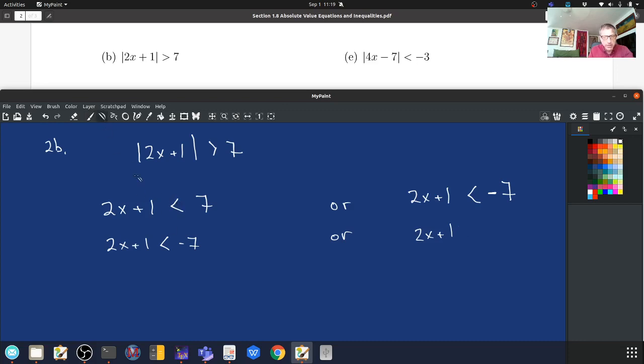I said one thing and wrote the wrong inequality. I'm glad I reviewed that. There we go. Or 2x plus 1 is greater than 7. I'm glad I caught that. So literally this was exactly what I was having in mind.